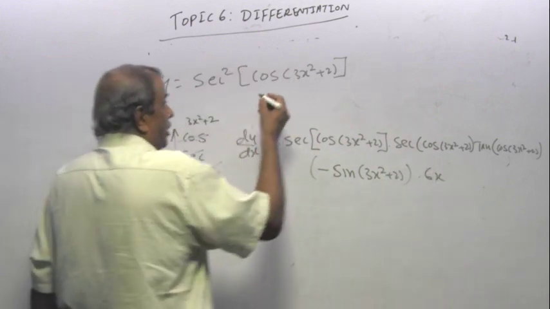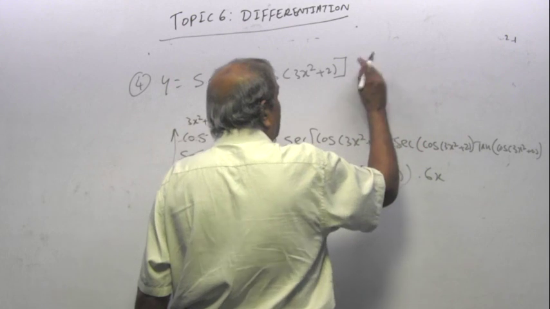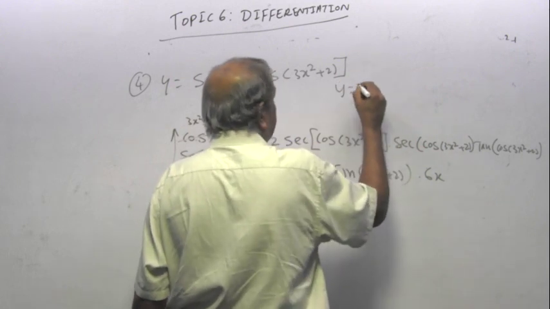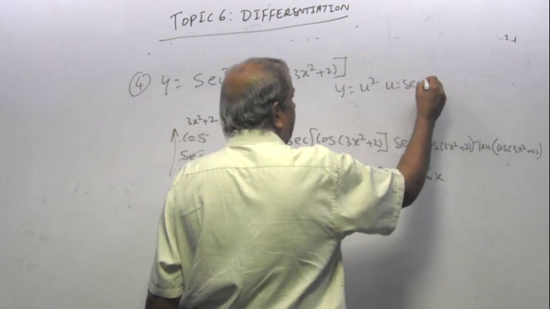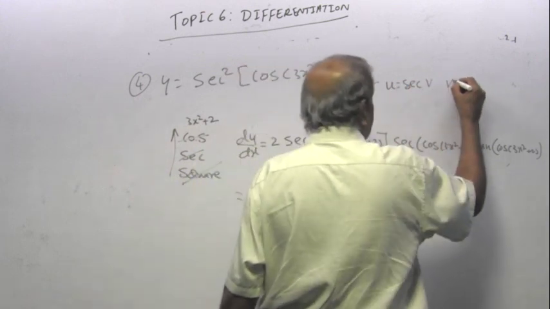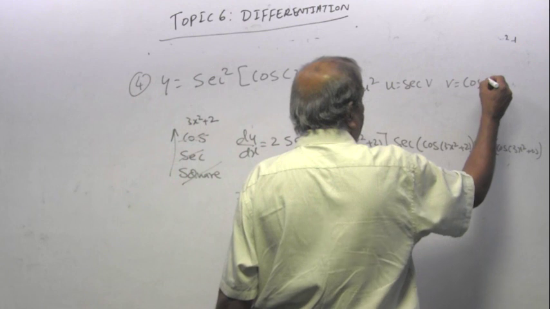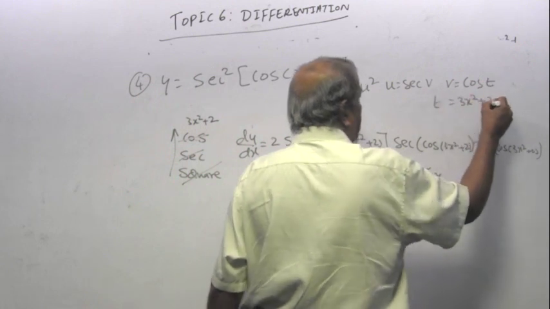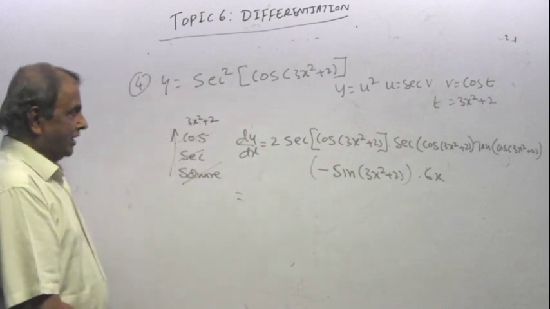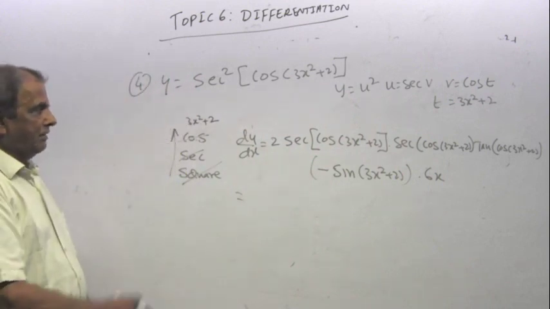You can use the chain rule. If you want to use the chain rule, y equal to u squared, u equal to sec v, v equal to cos t, and t equal to 3x squared plus 2. Then please do it. You'll get the same answer using the chain rule. I will write this answer.